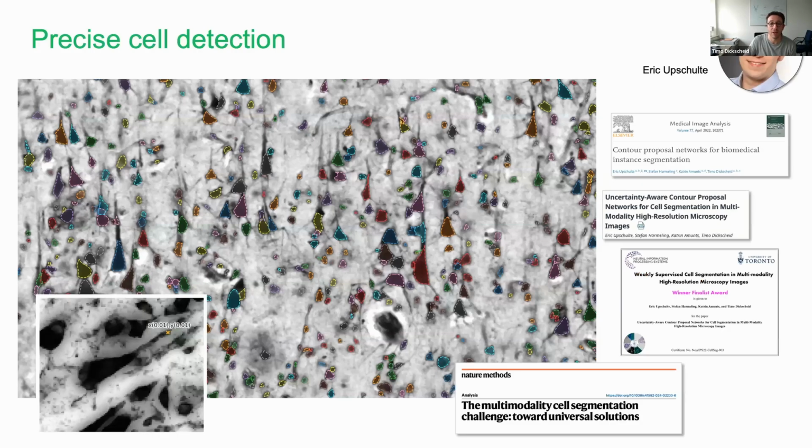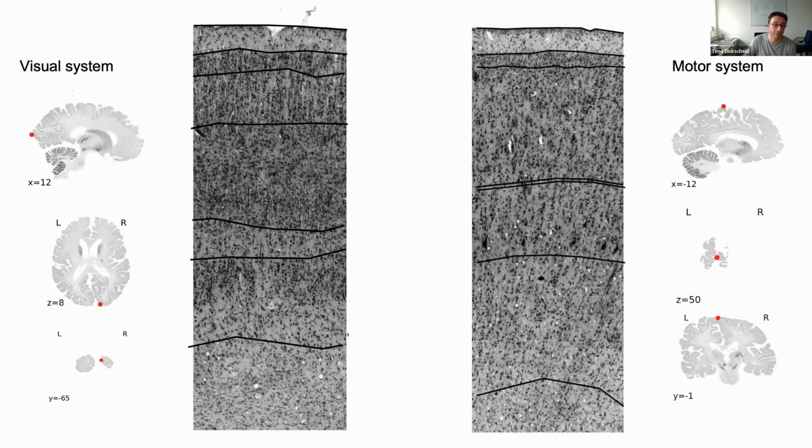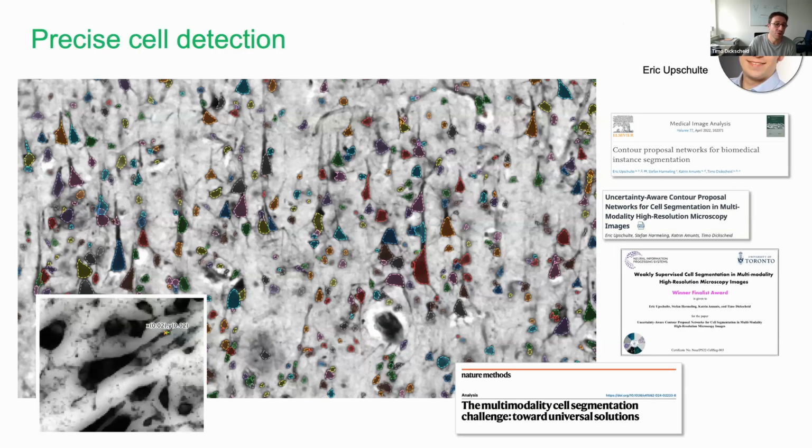And we have established a couple of data sets, which you will also see in more detail, I guess tomorrow, which actually measure layer-specific cell densities using precise cell detection. So here in our lab, we have developed a state-of-the-art cell segmentation tool with deep learning, which was very successful in a recent international challenge on cell segmentation, which directly estimates the contours of cell bodies.